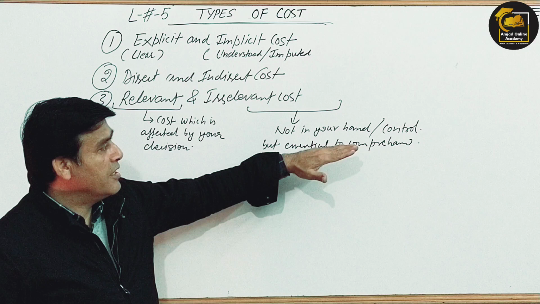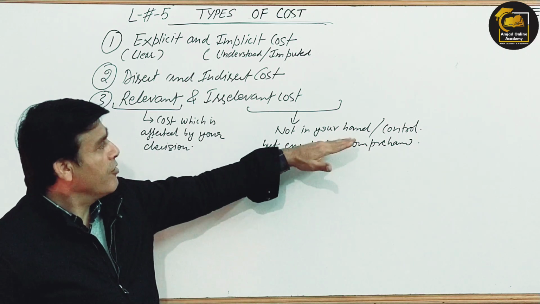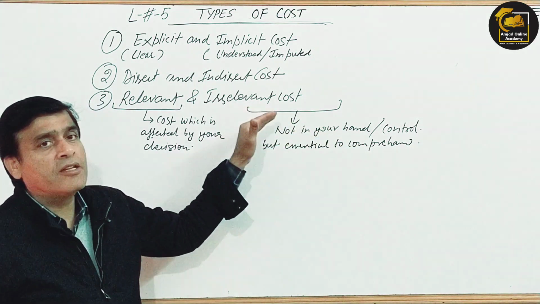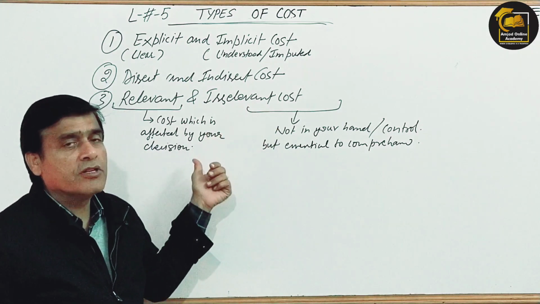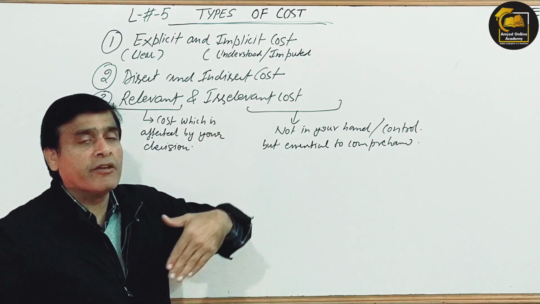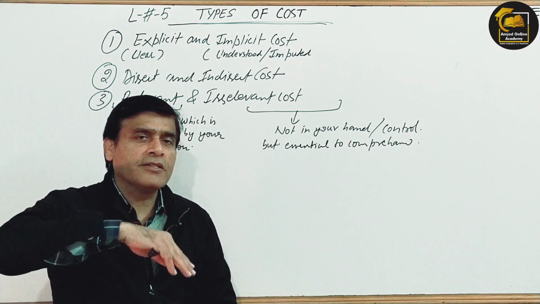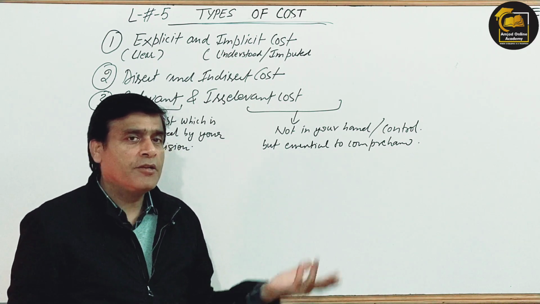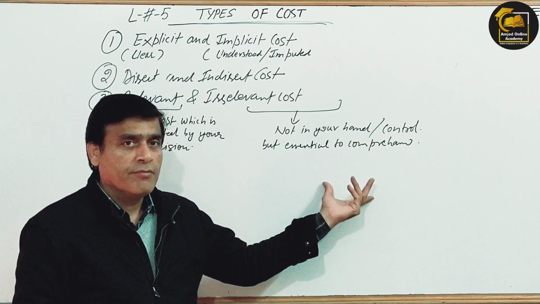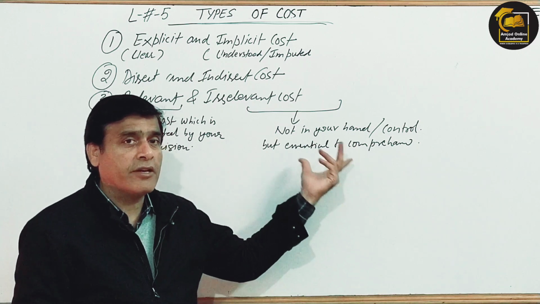You should understand it too. However, the cost which is not depending on your decision, which is completely irrelevant to your decision making, that is not related to your decision making at all. It means you do not have any control over it. But you should understand the concept of that irrelevant cost.